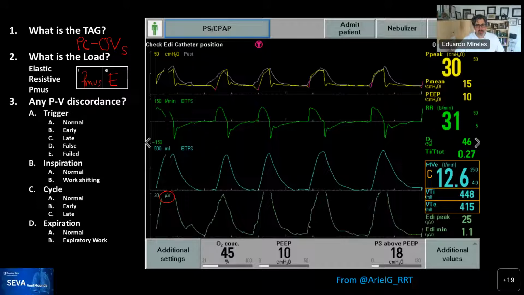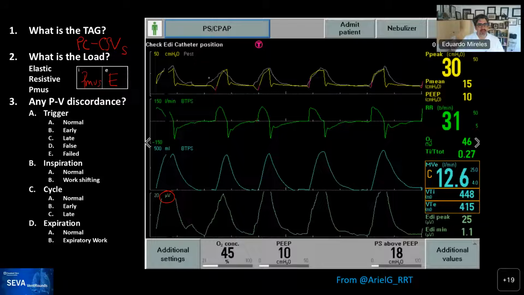But you can see on the next one, it's actually pretty well timed: as the PMOS starts increasing, the pressure starts going down. Here, it's pretty synchronous. It seems that the patient did more effort and was able to trigger the ventilator right on time, and the same with this one. So this one and this one look beautiful.